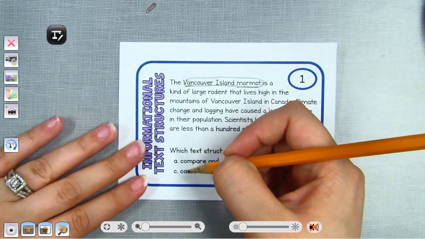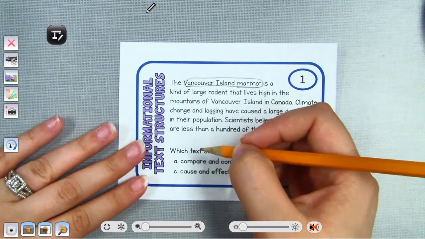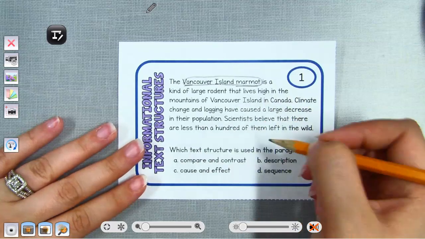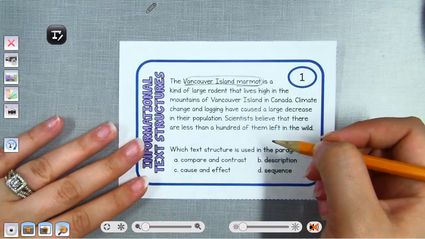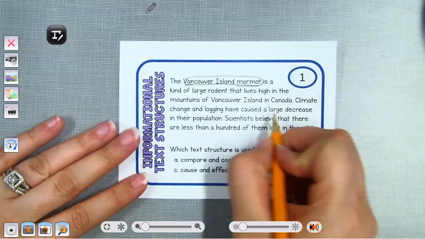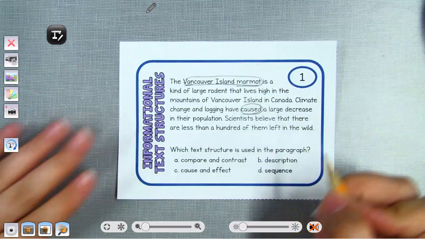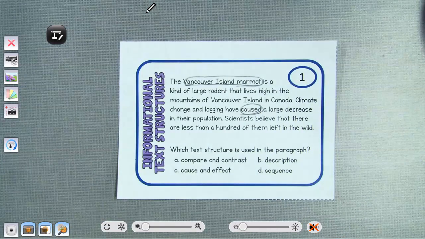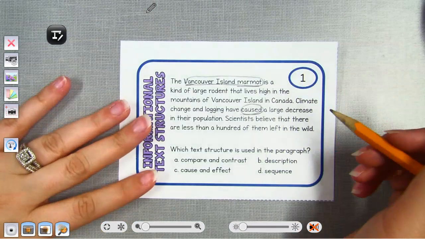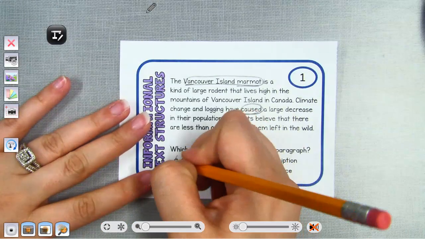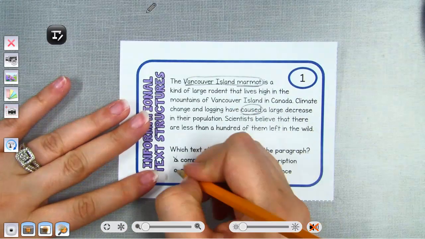Is it telling us something that happened and why it happened? Okay, possibly. I see the word caused. That word jumps out at me as a signal word for cause and effect. D is sequence. Is it putting something in order? No. Okay, so cause and effect is our answer.